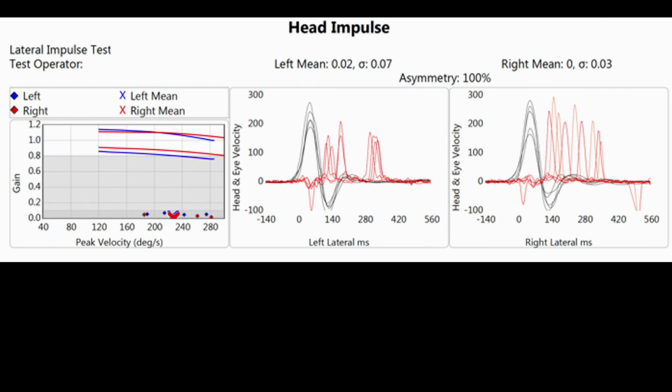Here we have the head impulse test. Black is the head movement, red is the eye movement. The gain here is extremely low at close to 0, and what we see are salvos of corrective catch-up eye movements, which to our eyes are resolved as a single corrective movement following the head impulse test.